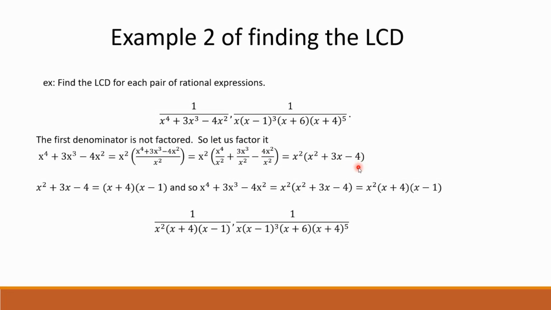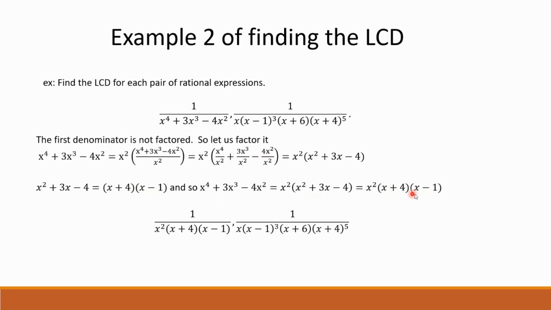How about 4 and negative 1? So we do x plus 4, x minus 1. This product is what we get. If we plug it back in, we get the first denominator factored.